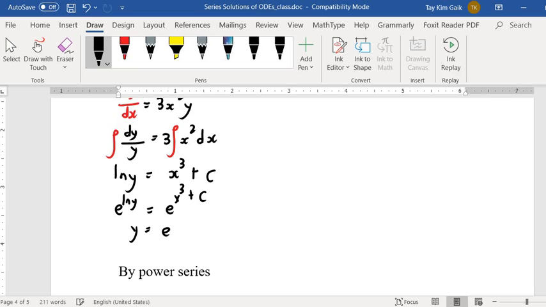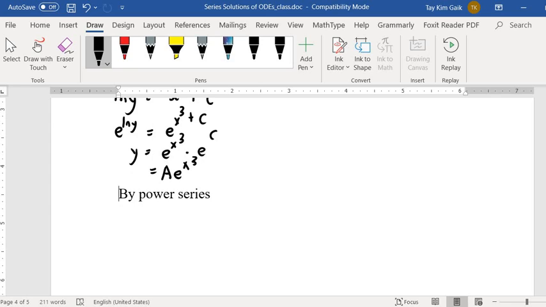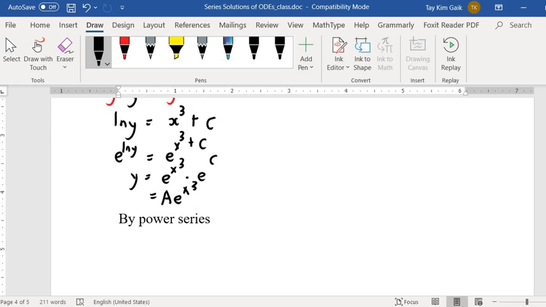So e to the x cubed plus c can be broken into e to the x cubed multiplied by e to the c, which is a new constant, a. So y equals a e to the x cubed. This is the solution by the separable technique, and we're going to show that the power series method should give the same answer.